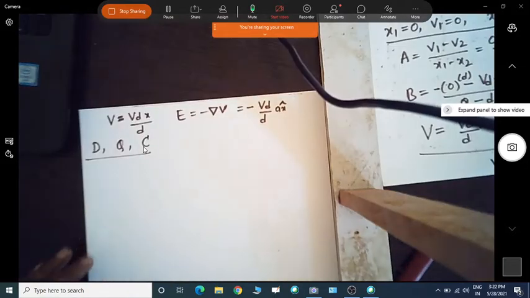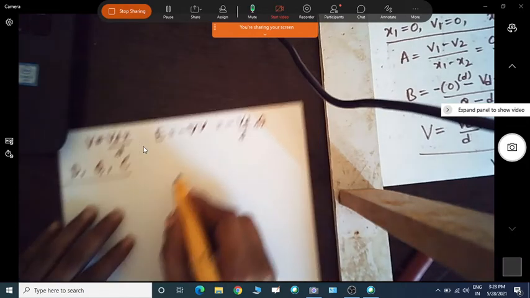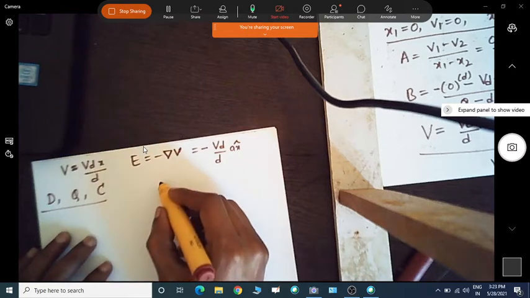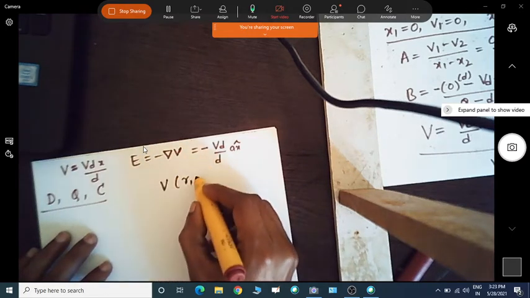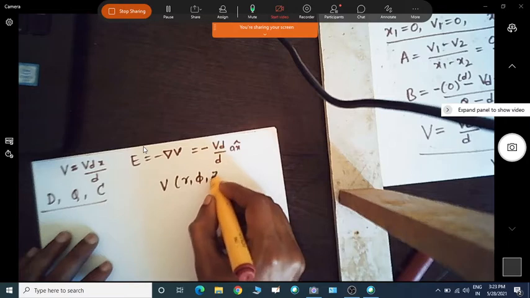Now let us look at the cylindrical coordinate system. What actually happens whenever we take the problem with respect to the cylindrical coordinate system? If I take the Laplace equation in cylindrical coordinates, the potential is a function of r, phi and z.